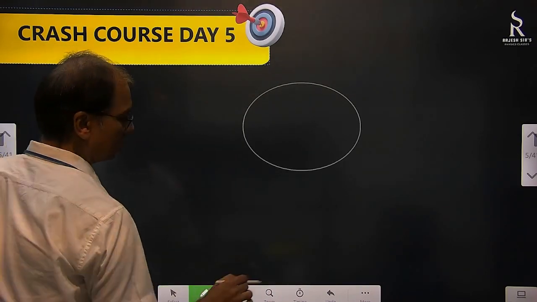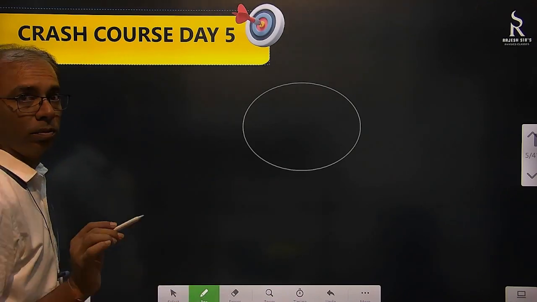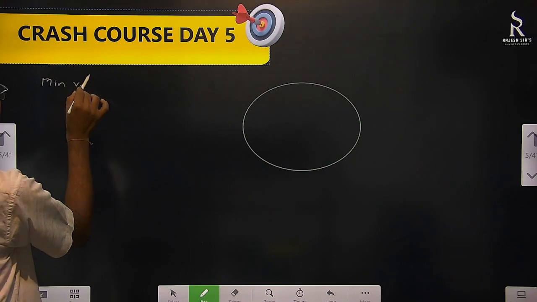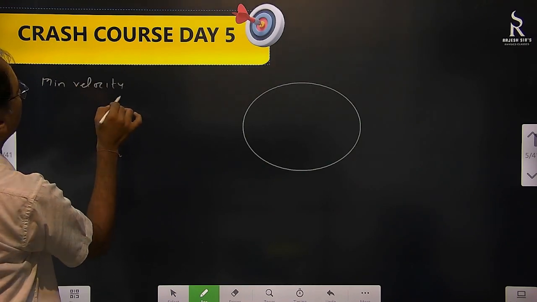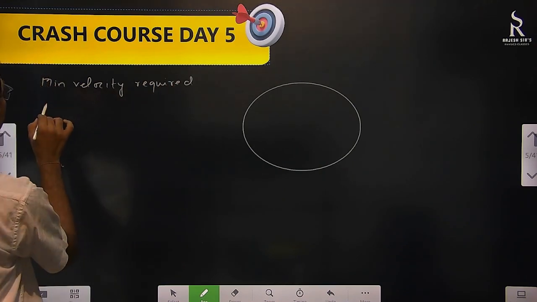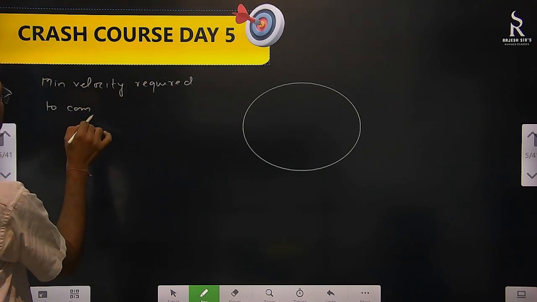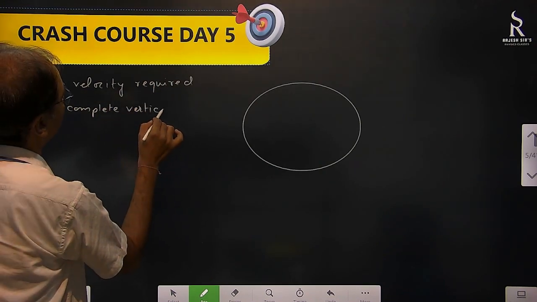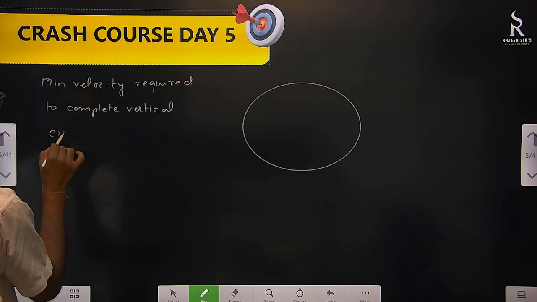Okay. Now what we want to know? Minimum velocity required to complete vertical circular motion.